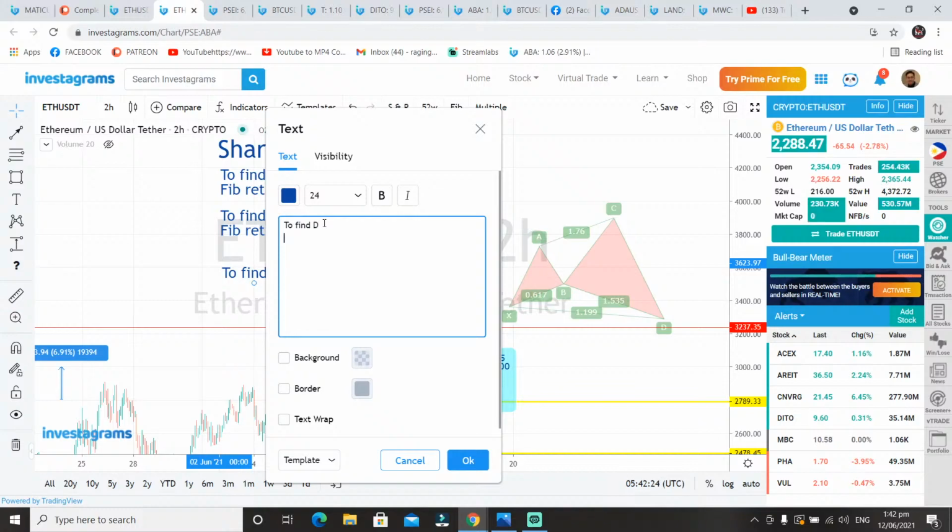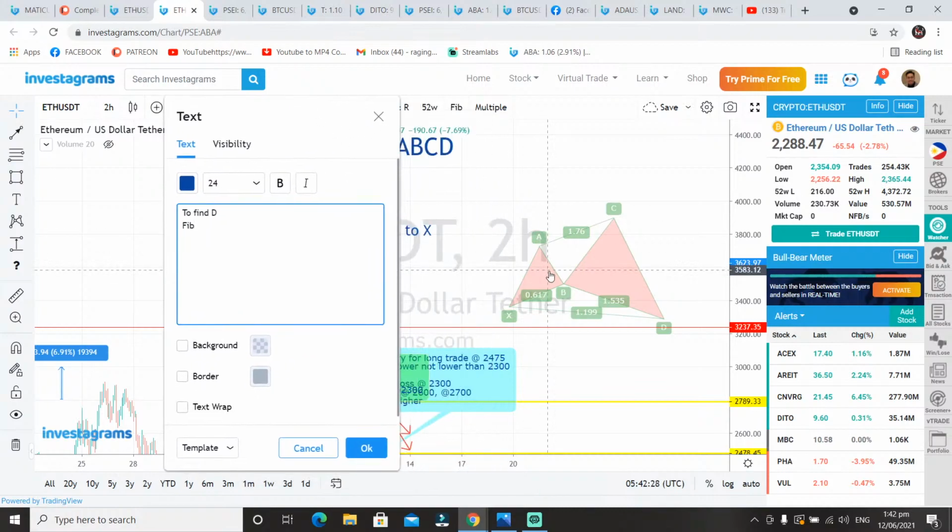use Fib retracement from X to C, right? X to C, Fib retracement, X to C. Oh, okay.